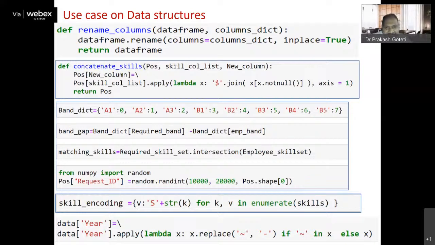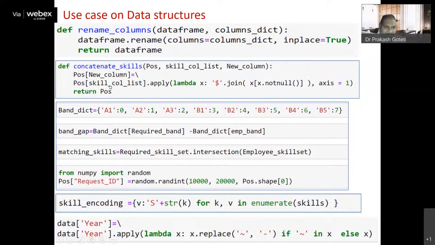Now I have a function here, concatenate skills, where I have different skill categories: project skills, employee skills, current skills, and so on, which are used in the project. I need to concatenate all the values in those multiple columns, so I have a skill column list. Then I want to create a new column. PYC is my data frame, and the new column is processing various columns on the right hand side.